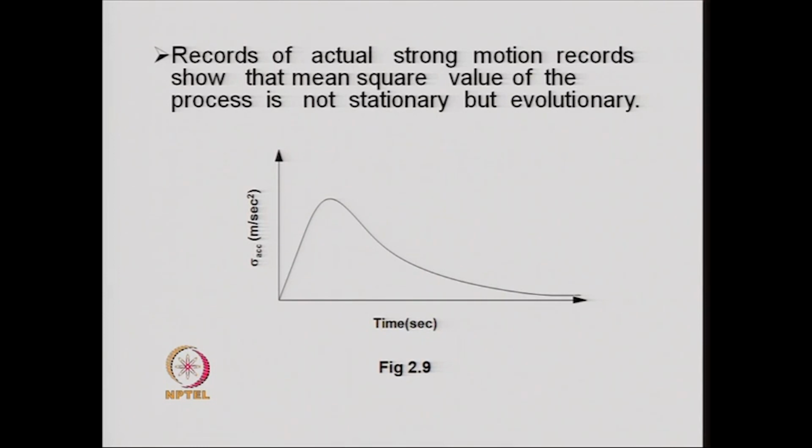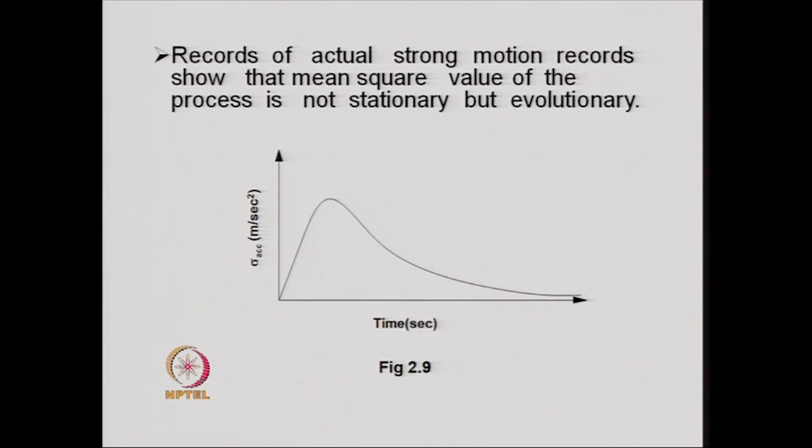Then another interesting thing was observed for the ground motion. Although we have assumed that the ground motion is a stationary random process in which the mean square value along the ensemble does not change with time, or is invariant with time, in reality it is not so.